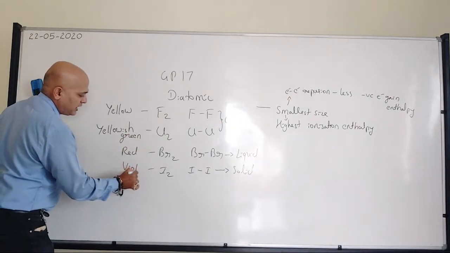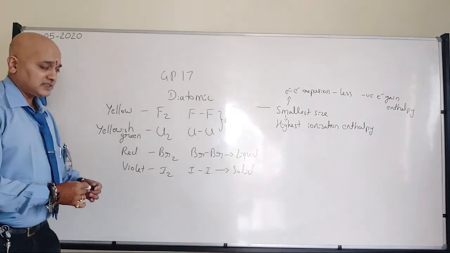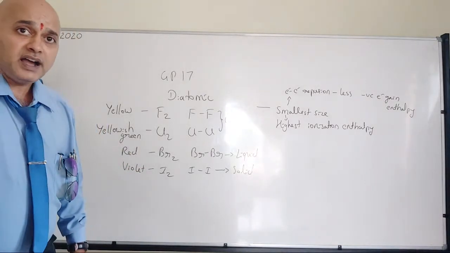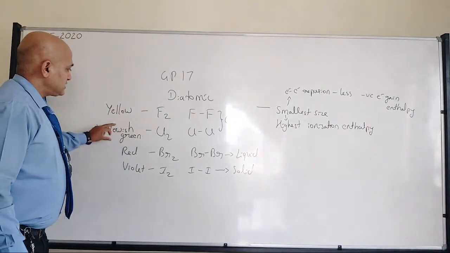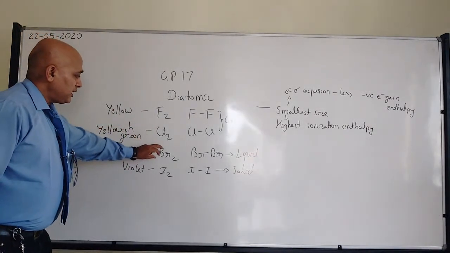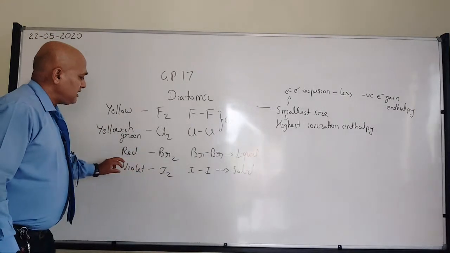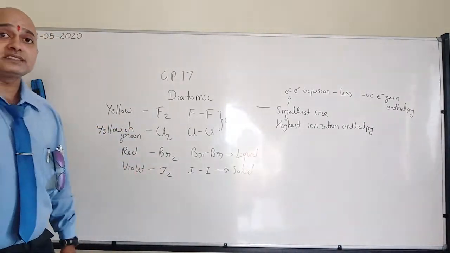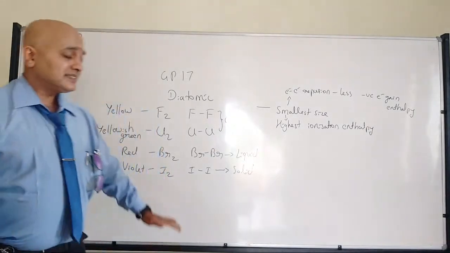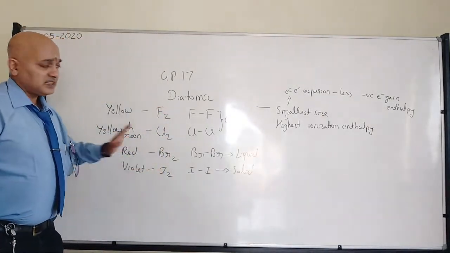And iodine will be violet color, and that's why it is named iodine. So chlorine and iodine, the name itself indicates their color. Okay. So that's the physical state.